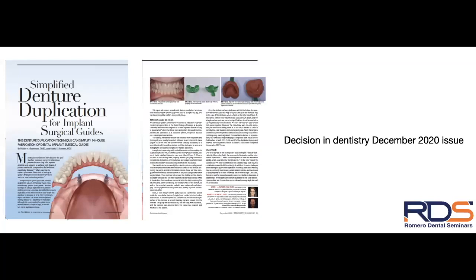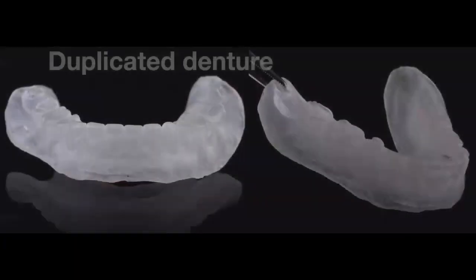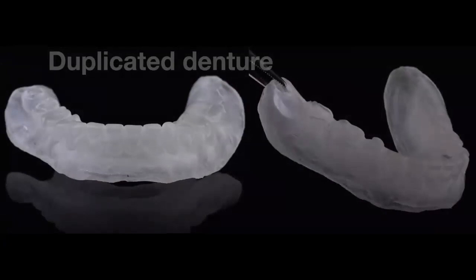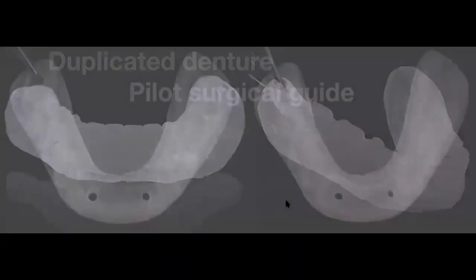So if you want to know a little bit more about the specifics of the technique, how to make these impressions, what trays you need to use and what material you can use to duplicate this denture in-house in your office, please go ahead and access this article, read it, and you will have the step-by-step guide on how we were able to fabricate this clear denture for our patient and use this clear denture as our surgical guide for the day of implant placement.